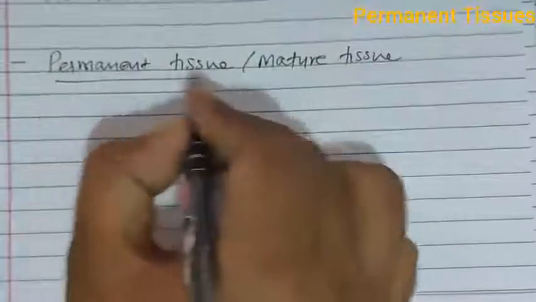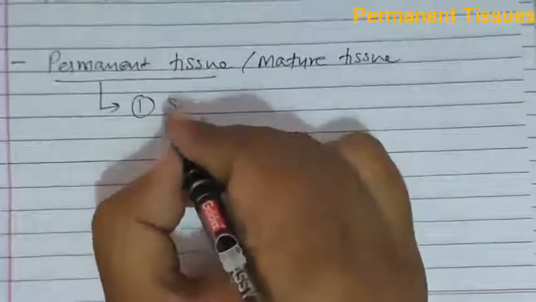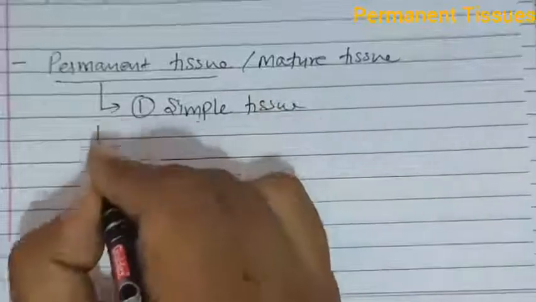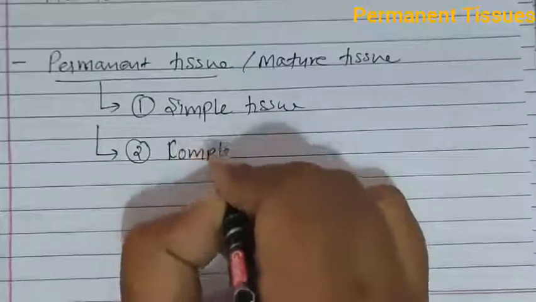Now this permanent tissue, or mature tissue, is of two types: simple tissue and complex permanent tissue.